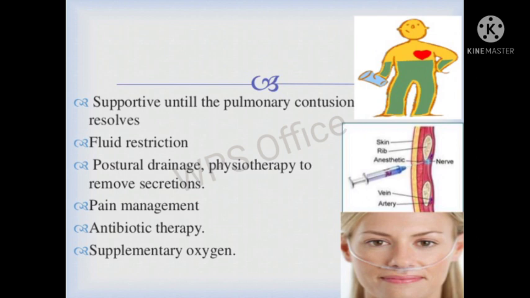We will do fluid restriction, because if the patient has more fluid, it will accumulate more inside the lungs, so we have to restrict the fluid in order to decrease the secretions. Then postural drainage may be done. Physiotherapy will be done to remove the secretions. Then pain management, antibiotic therapy, and supplementary oxygen will be given.